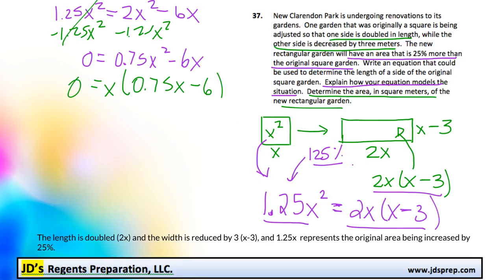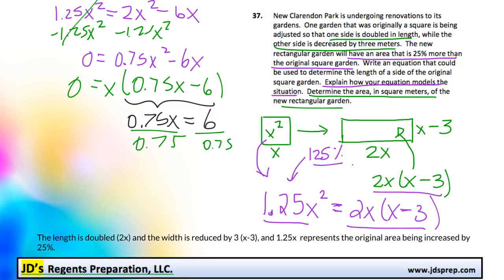And so we're going to set what's inside the brackets here to be equal to 0. And if we do that, we would get 0.75x equals 6 if we move the 6 over. And then we're going to divide by 0.75. And we get that x is equal to 8.